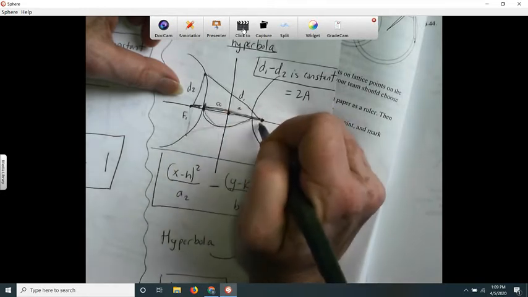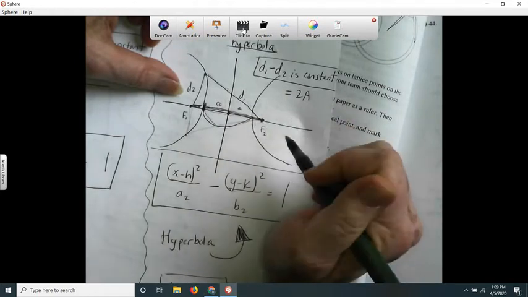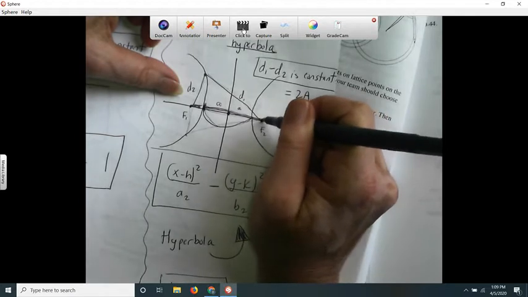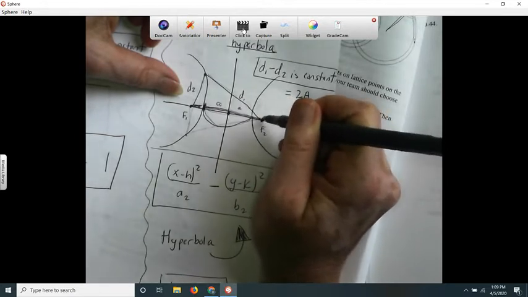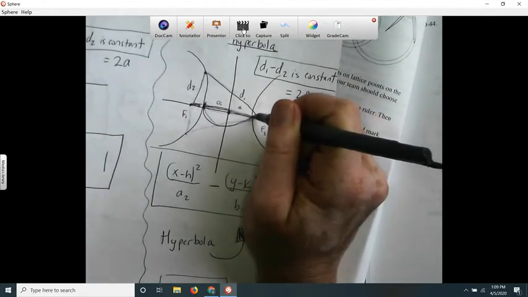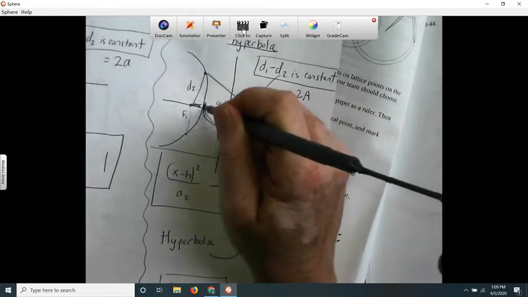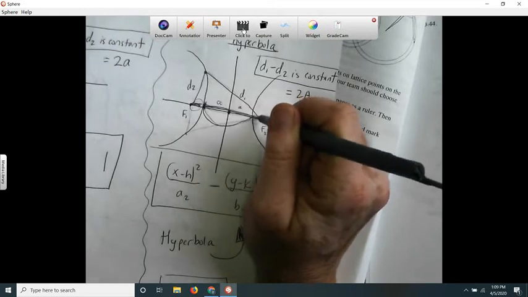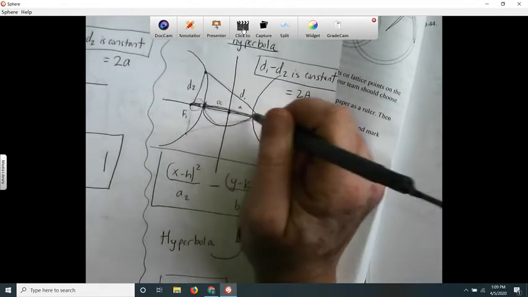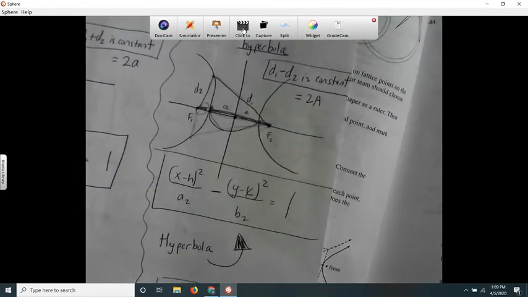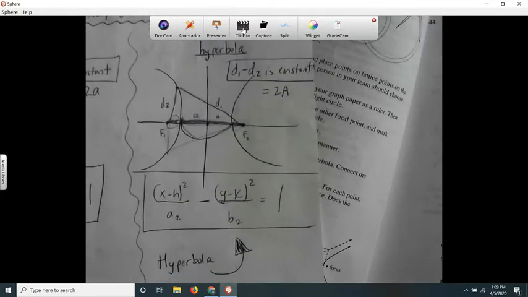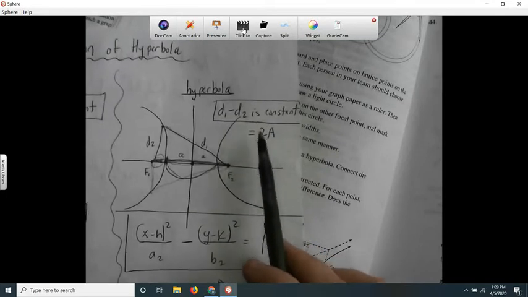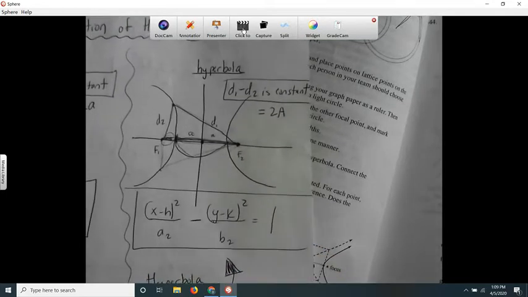Isn't that the same length as this little piece right here? So if I start here, I take this whole thing, and then I subtract this off of it, which is the same as this piece, then don't I just get this middle piece, 2a? I don't know if that's a convincing enough argument for you, though. But it is true that D1 minus D2 is always going to end up being 2a.